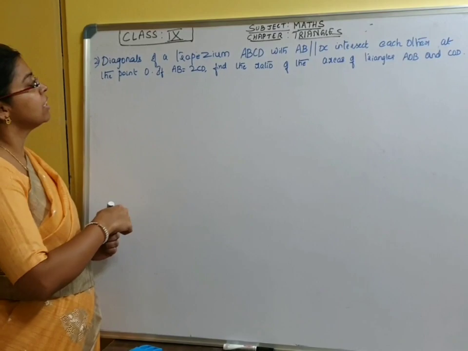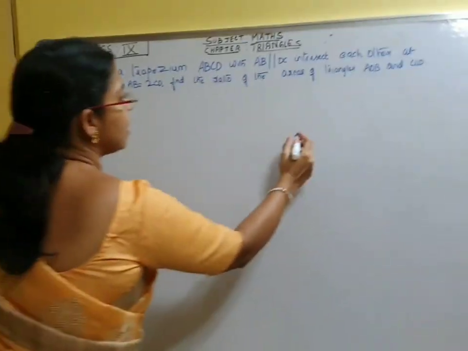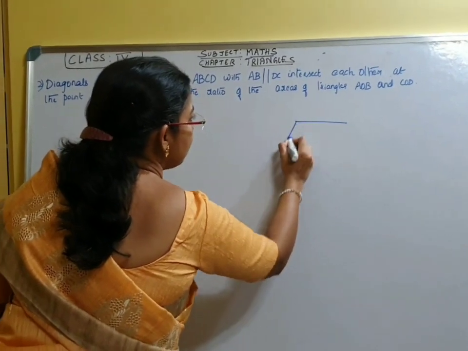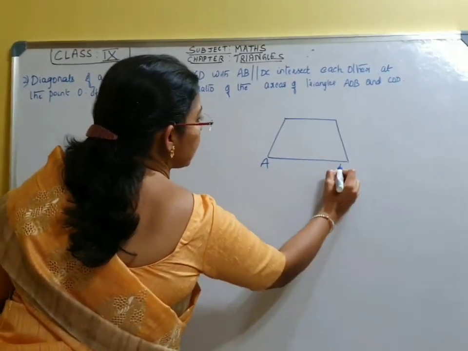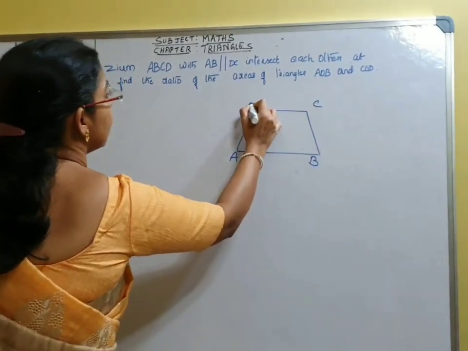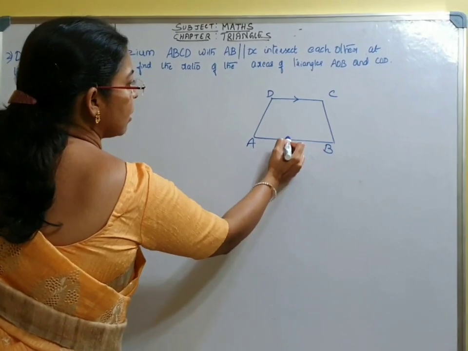Next problem: diagonals of a trapezium ABCD with AB parallel to DC. So let's draw trapezium ABCD with AB parallel to DC.